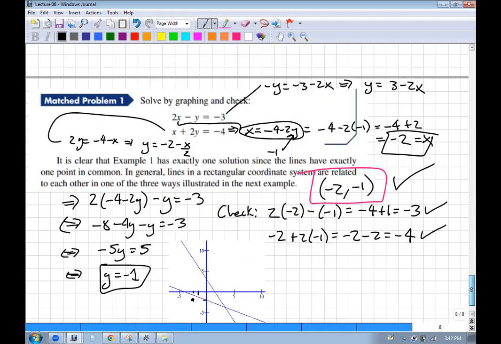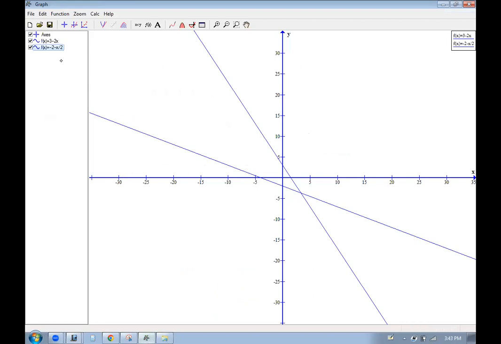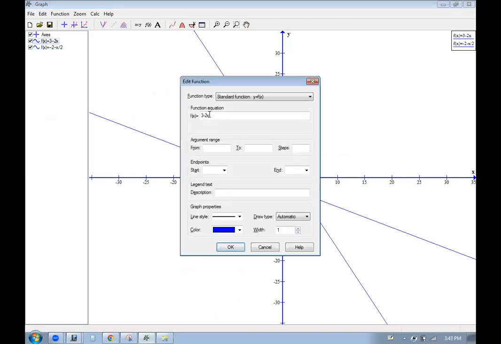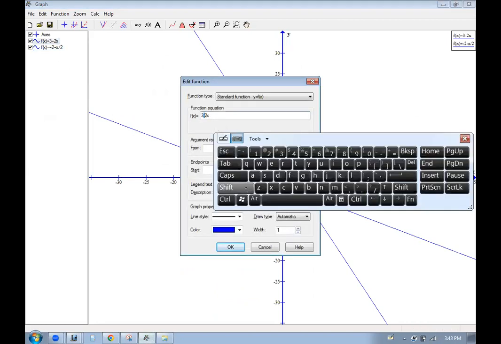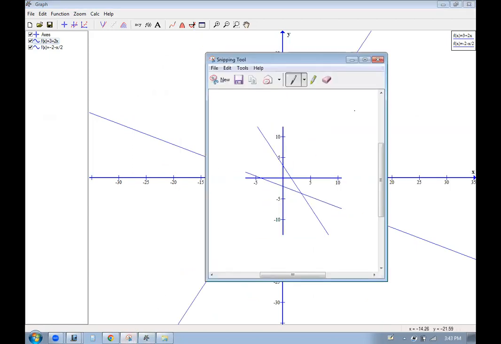So something's wrong. Again, let's check our work. If I'm going to get y by itself, I have a -y. If I move the 2x over, I get that. Multiply everything by a minus, so I get 3 plus 2x. Is that my first line? No, I put 3 minus 2x. It should be 3 plus 2x. There. That looks better.